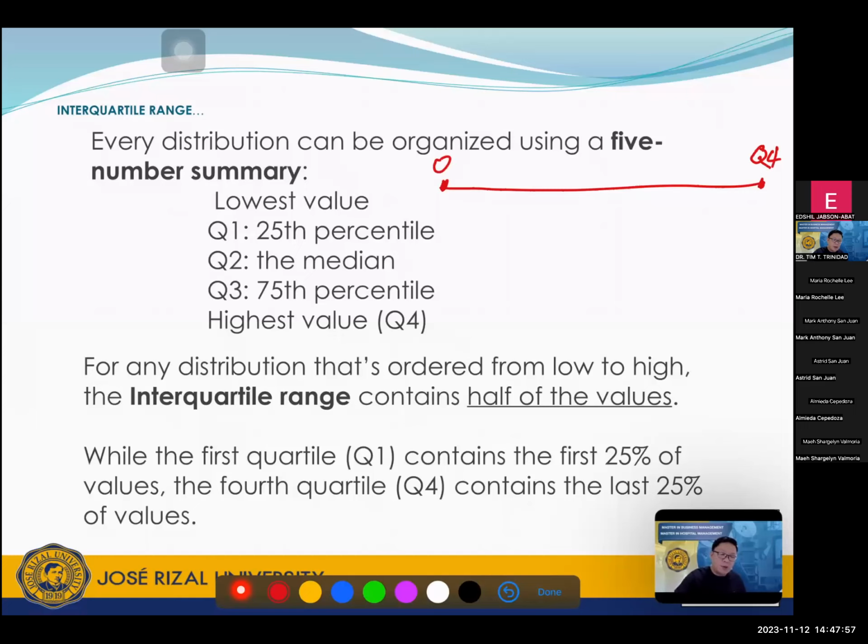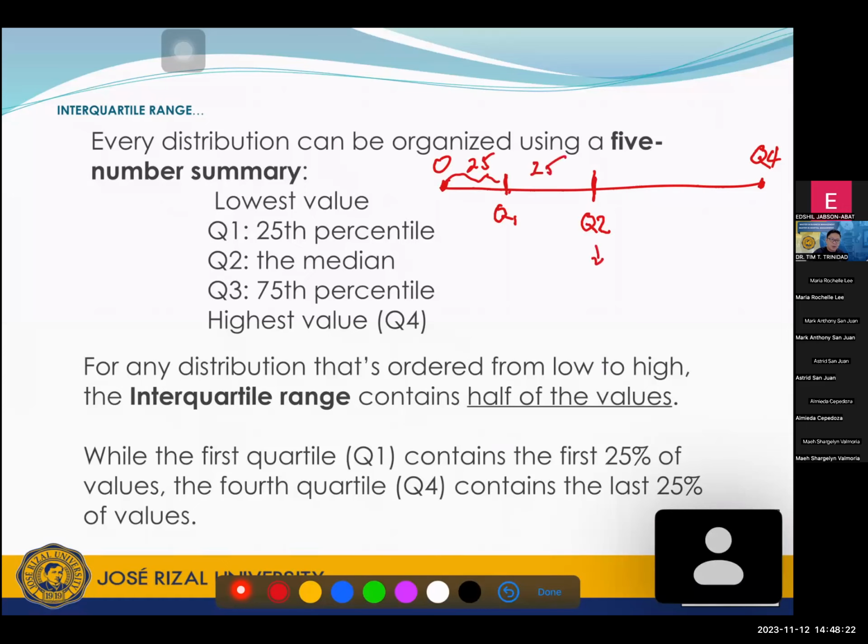If you divide it into quartiles, the middle will be your 50%, Q2. Your first quartile will be your Q1, 25. From this to this will also be 25.